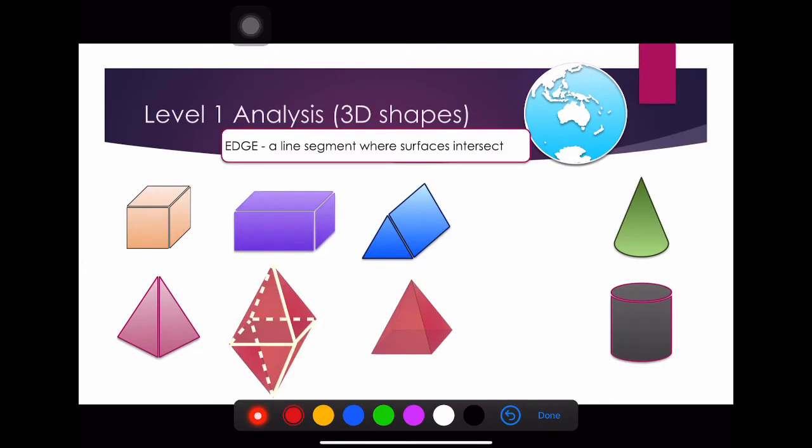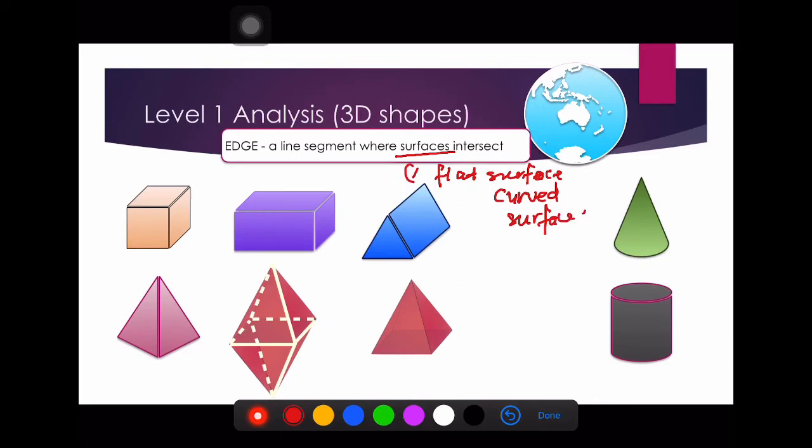So the first one is edge, which is a line segment where surfaces intersect or meet. Surfaces here could refer to either a flat surface or a curved surface.